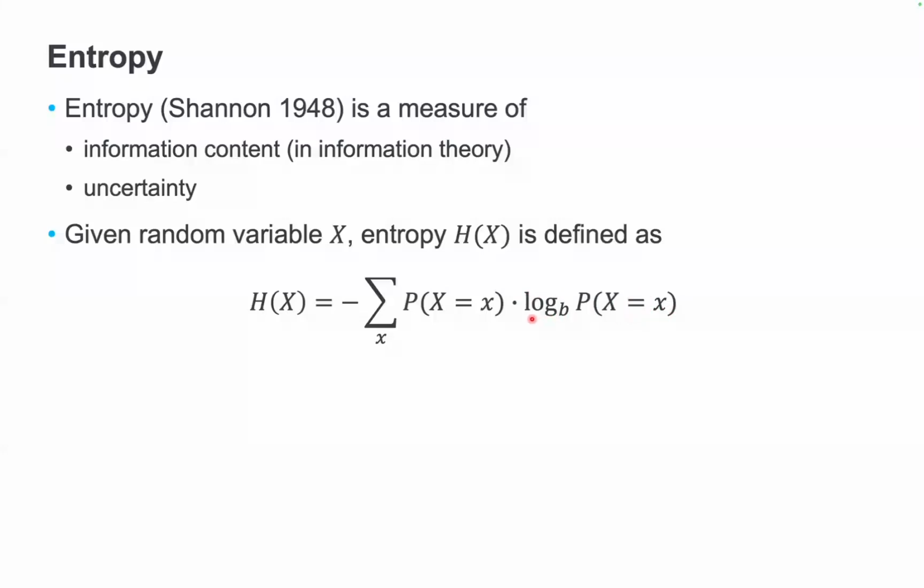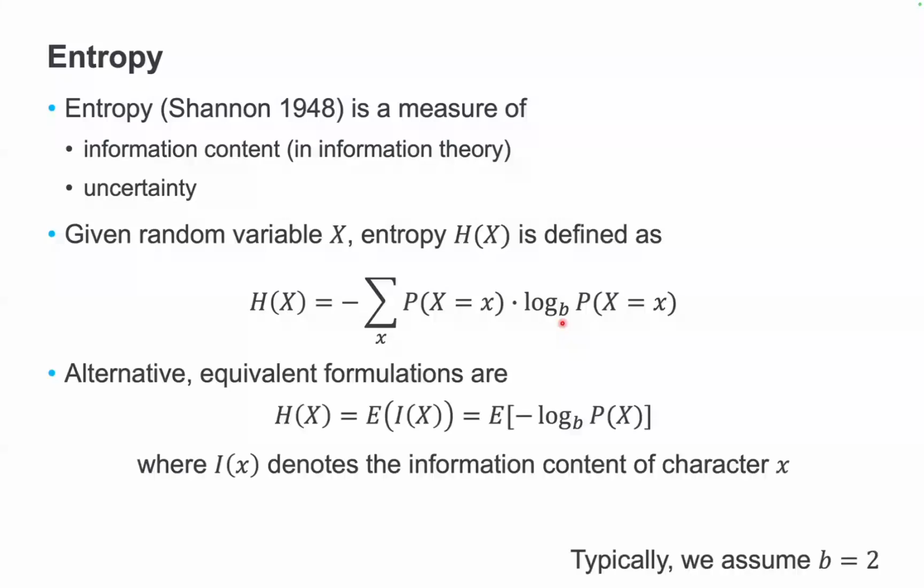But then its contribution is only relative to its frequency, its relative frequency. And we have here a logarithm. We can choose any basis. Very often the basis 2 is chosen for the logarithm, so we have the logarithm dualis.